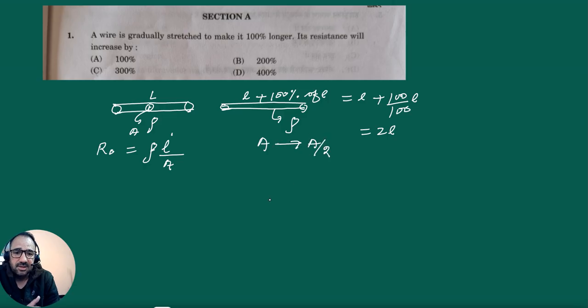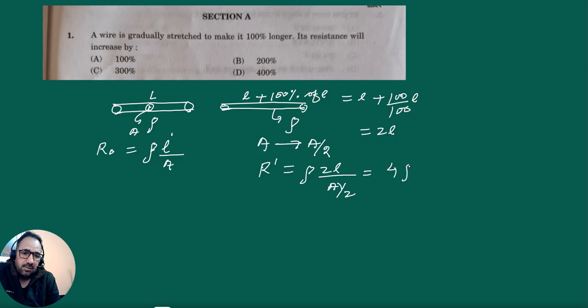Then the new resistance, which we call R dash, is equal to rho is same, length becomes 2L and area becomes A by 2. Then you can say it would be 4 times of rho L upon A.